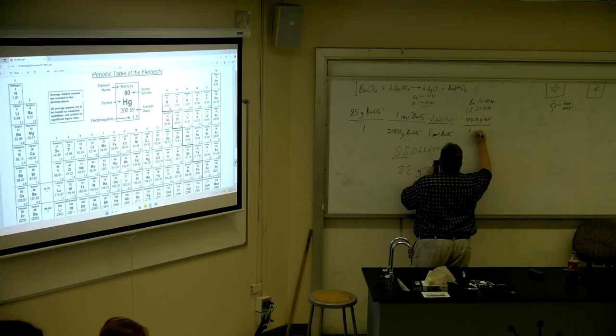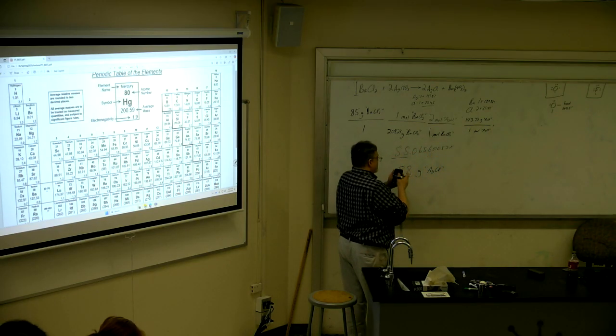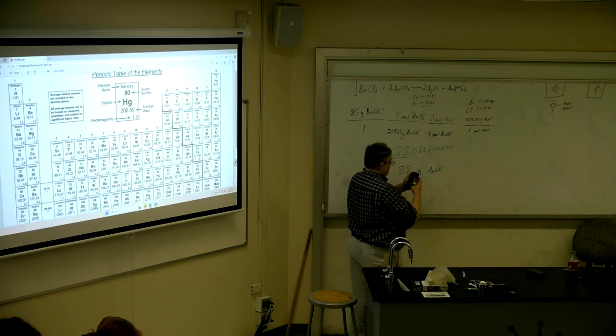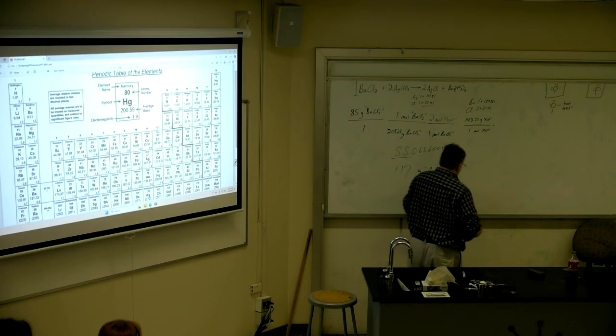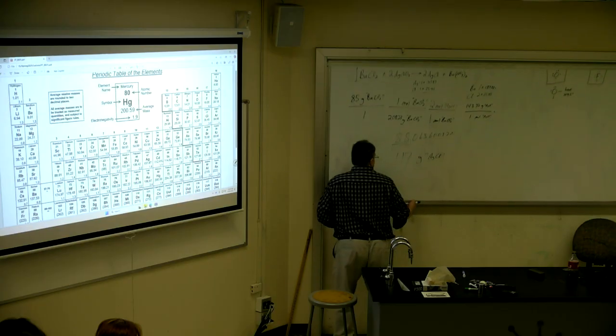So then we get 143.32 grams is 1 mole of AgCl. And 85 times 2 times 143.32 divided by 208.23 is 117 up there.